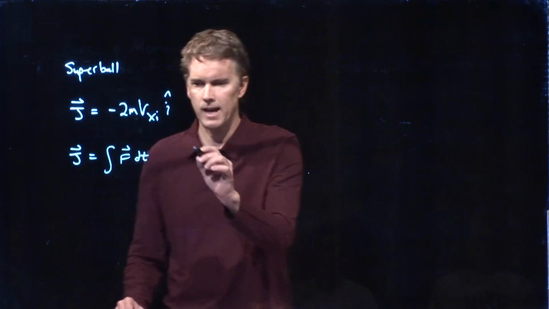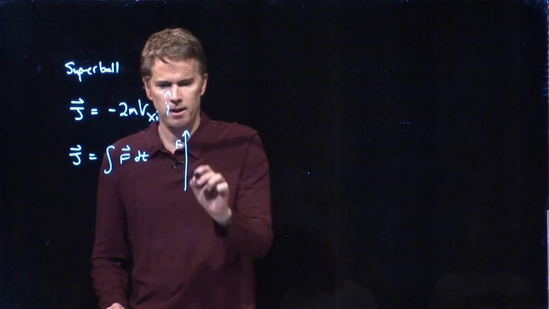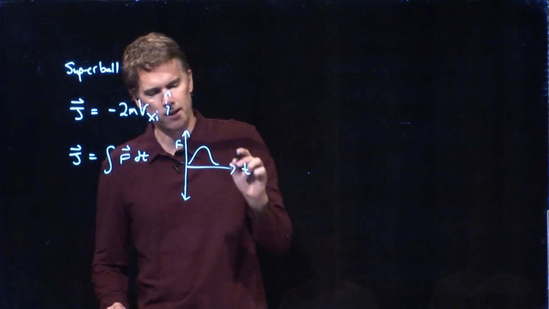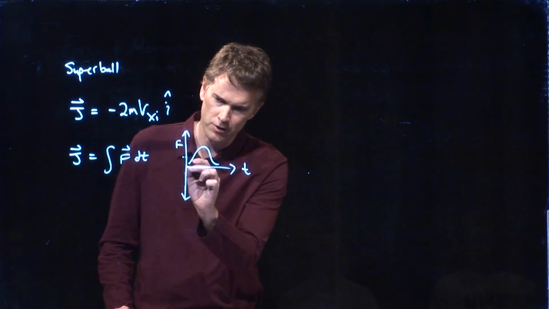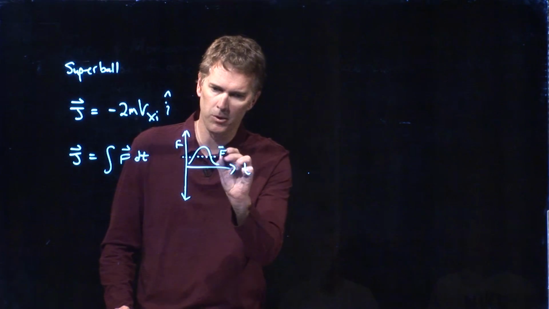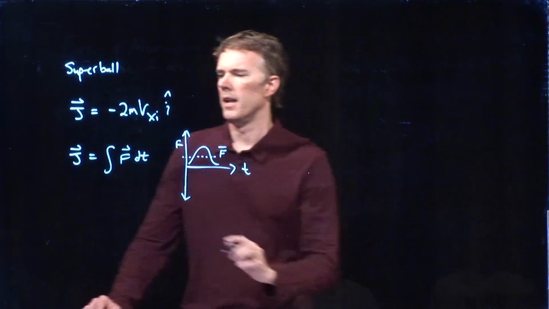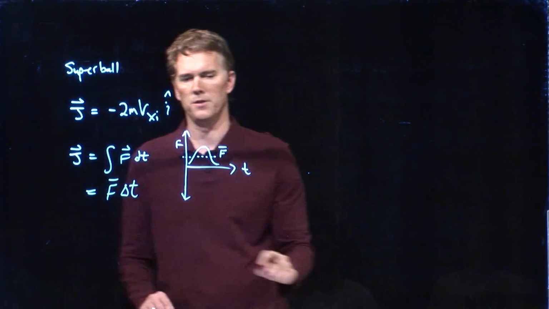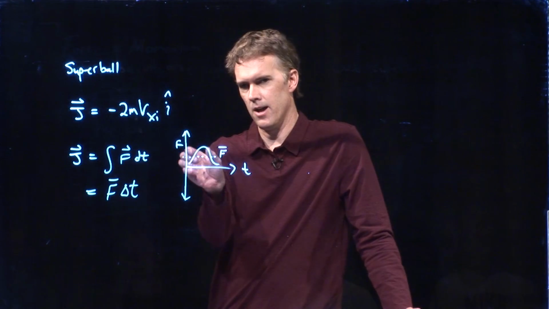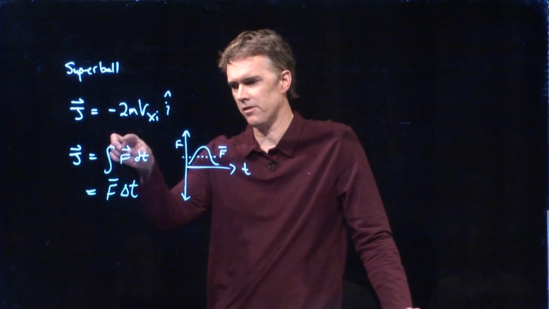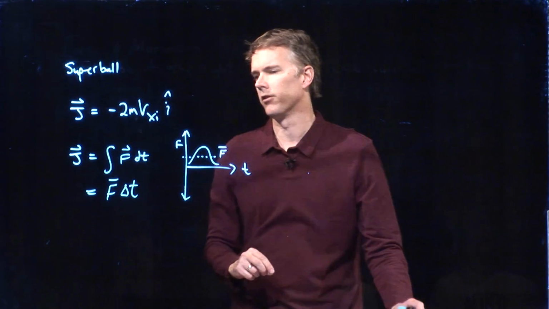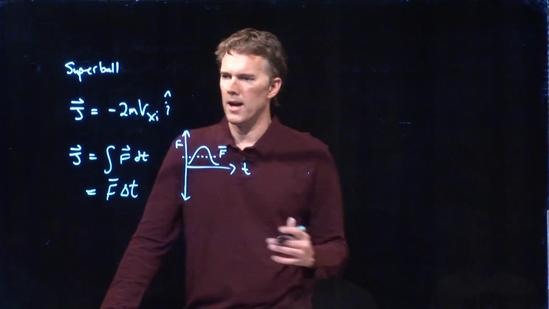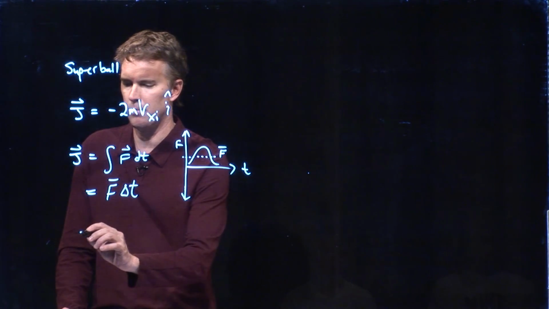So if I have some complicated force as a function of time, whatever it looks like, I can always calculate the average of that and label that F bar. In that case, this becomes F bar delta t. The area under this F bar is going to be the same as the area under the Gaussian curve if you multiply by this delta t.